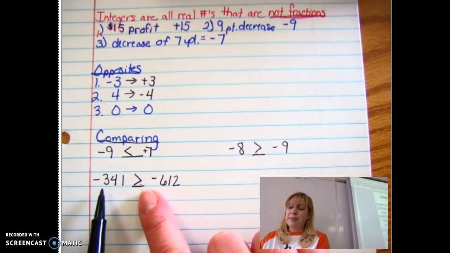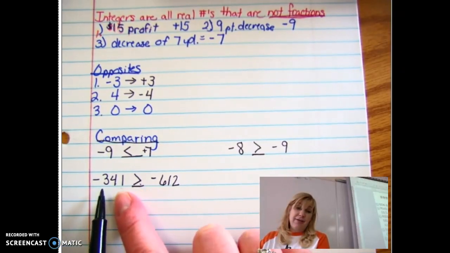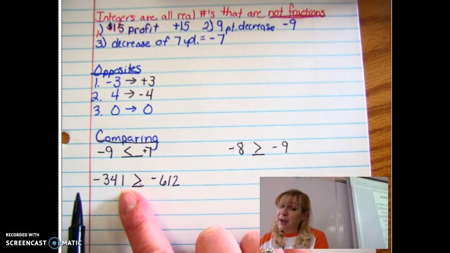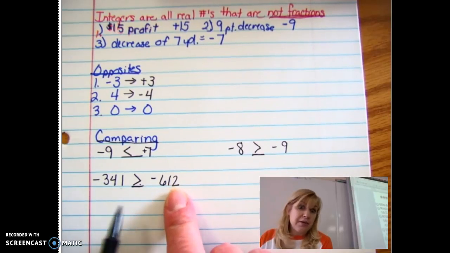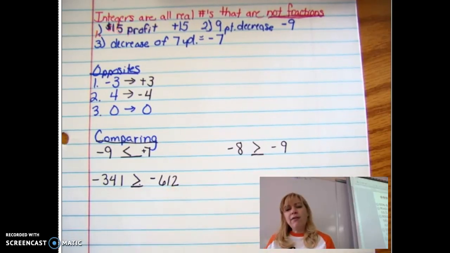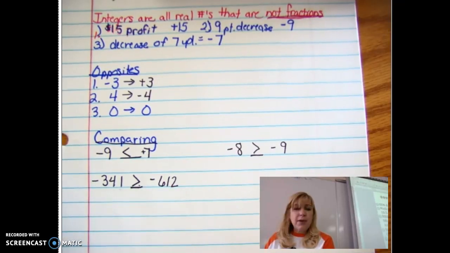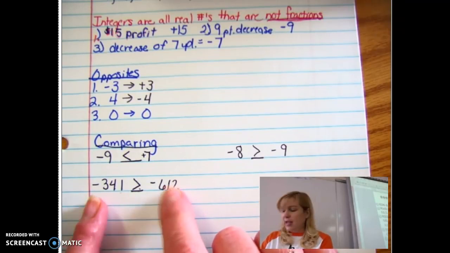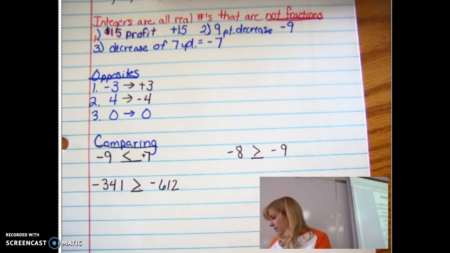I would rather have somebody take this much out of my bank account than this much. Negative 341 degrees is a far better temperature than negative 612 degrees. So however you need to think about it, because our brains see these two numbers and we've been working in the positives for so long, sometimes they get gummed up with this one.